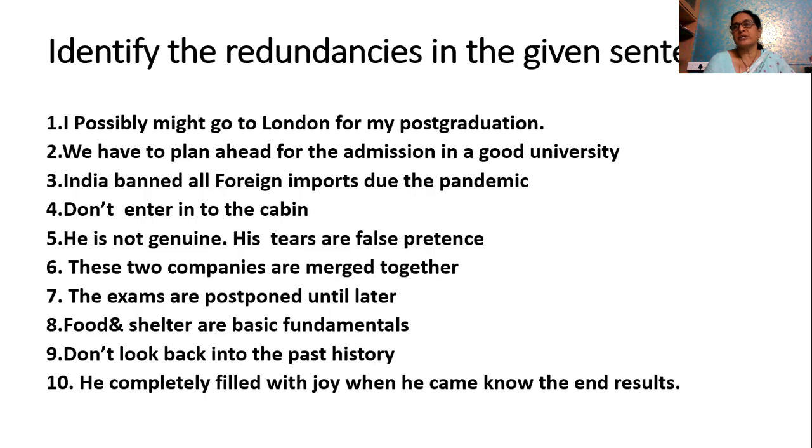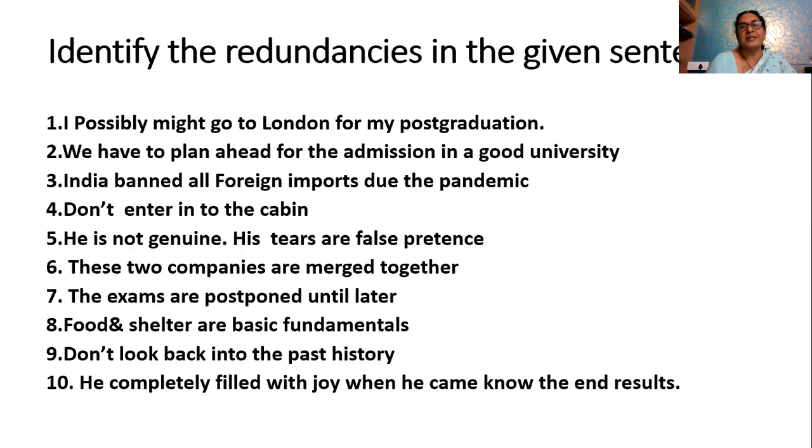Maybe you have some kind of confirmation from the university, so might is stronger than may. I possibly go to London is a comparatively lesser degree than might. Use any one. We have to plan ahead for the admission in a good university.